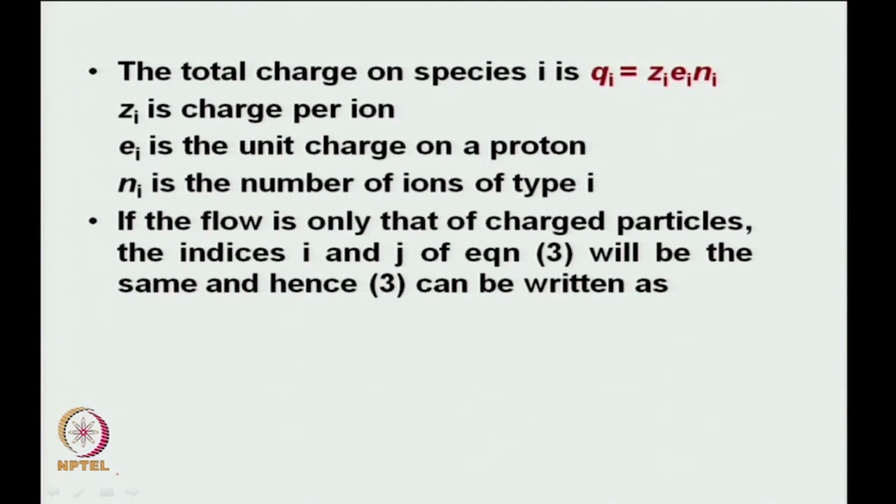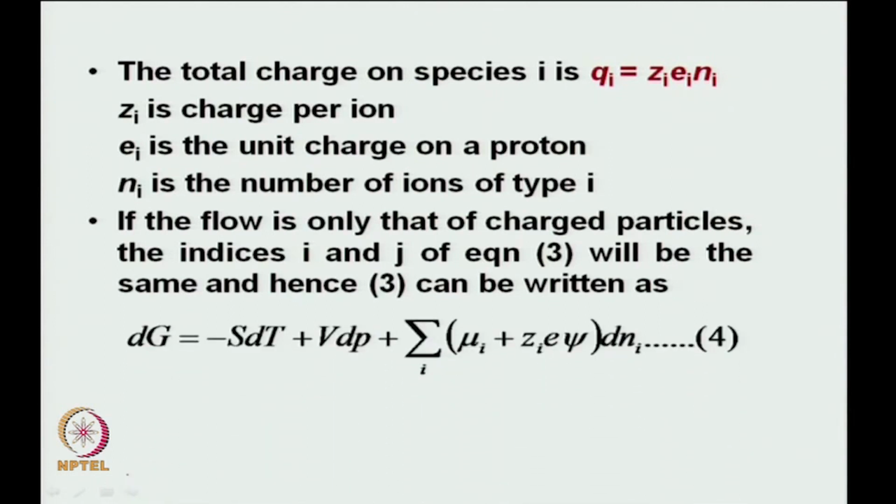We said i was only the charged particles and j was the whole thing, because j does not care, it is just a matter of transport. The moment I say that only the charged particles are going to get transferred, then i is essentially equal to j, because now I can remove that labeling index.